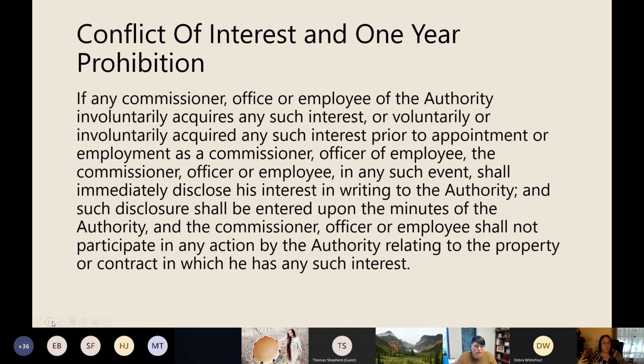If any commissioner, officer, or employee of the authority involuntarily acquires any such interest, or voluntarily or involuntarily acquired any such interest prior to their appointment, so ahead of time, the commissioner, officer, or employee in such event shall immediately disclose their interest in writing to the authority, and such disclosure shall be entered upon the minutes of the authority, and the commissioner, employee, or officer shall not participate in any action relating to that property or contract.